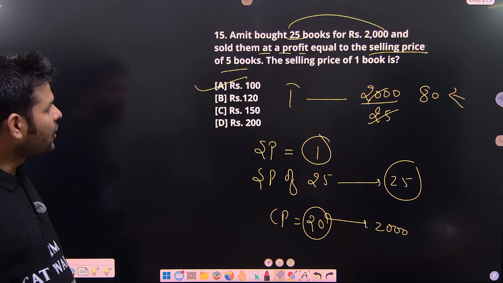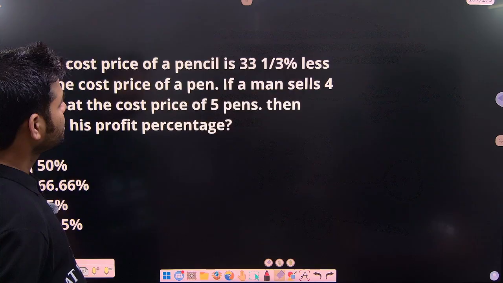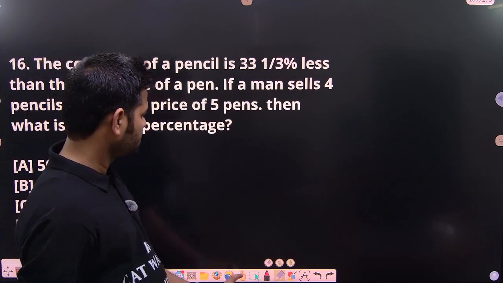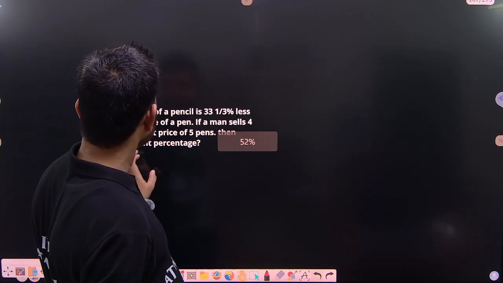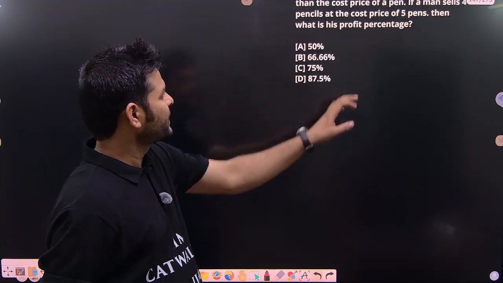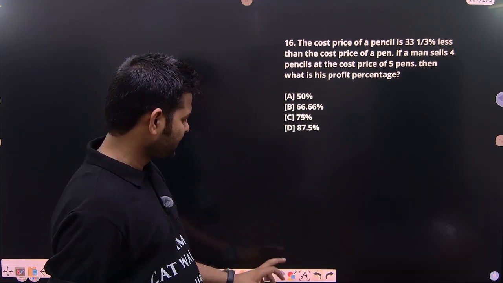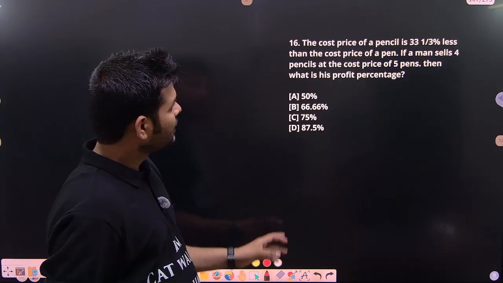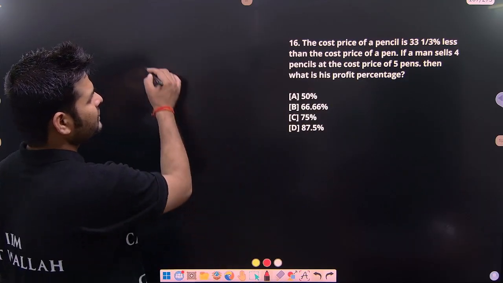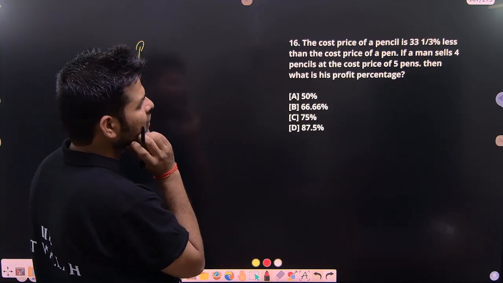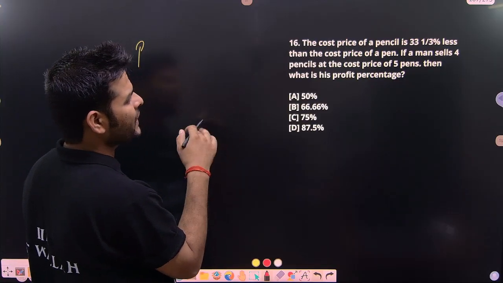Of the same type. The ninth is basically a pure concept based question, language based question. The cost price of pencil is 33 whole 1 by 3 percent less than the cost price of pen.